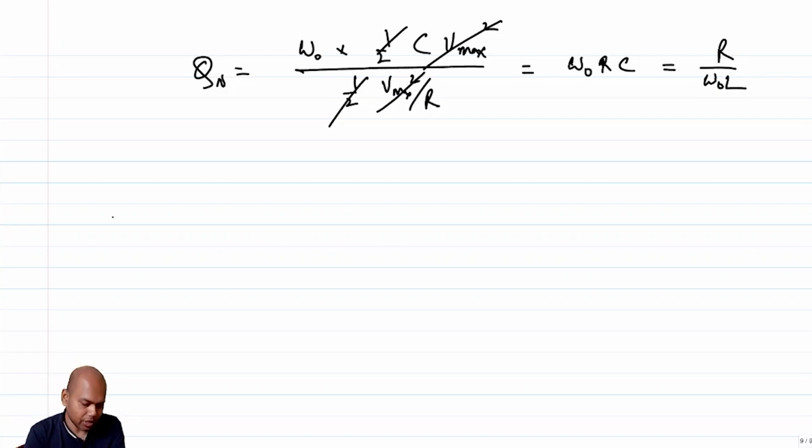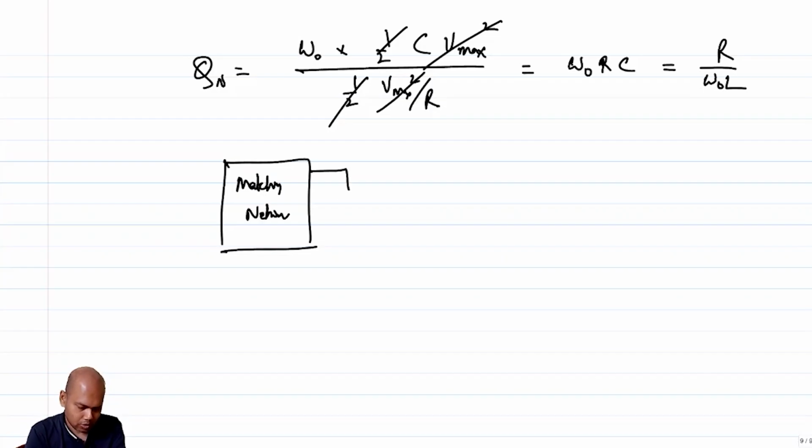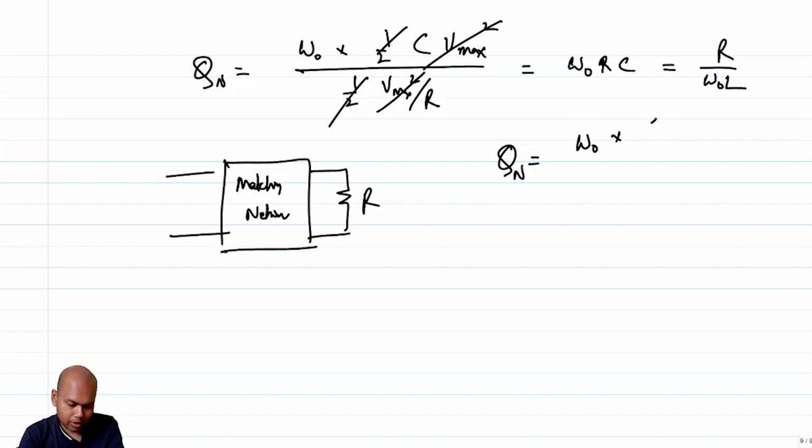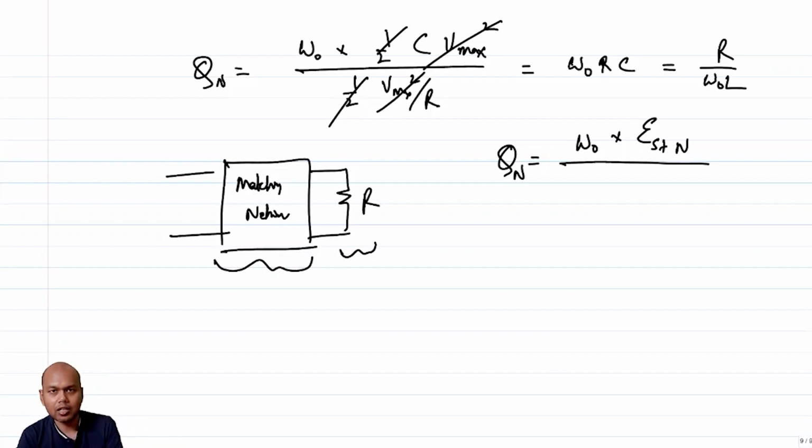When I am saying a network Q, what I am saying is you have a matching network, and you have an R. So your network Q, Qn, is omega naught times energy stored in the network by power dissipated, total power dissipated, which means that it includes the power dissipated in the matching network plus the power dissipated across the resistor, right?